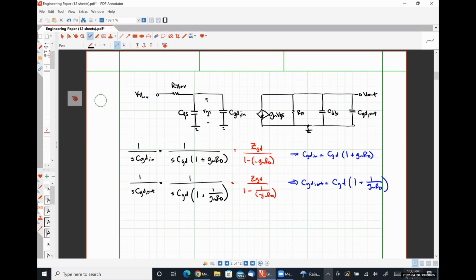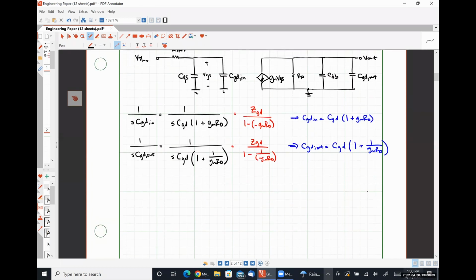So we're obviously going to come up with some sort of voltage division equation there. And our output voltage is going to be dependent on the fact that this current GM VGS flows through the parallel combination of RD, CDB, and CGD out. So our analysis looks a lot more like what we did in 335 than what we did last week, by applying Miller's method to break that feedback capacitor up into two parts, okay?